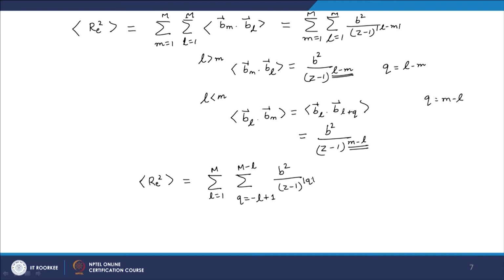All I am doing is replacing the L by Q as the index, where Q is equal to m minus L. Okay.